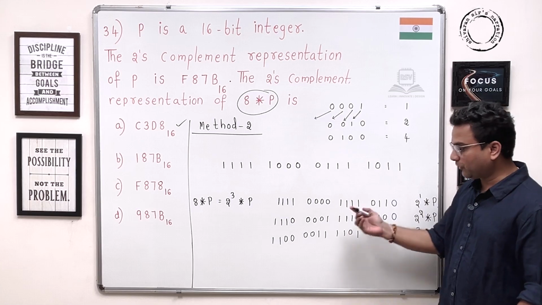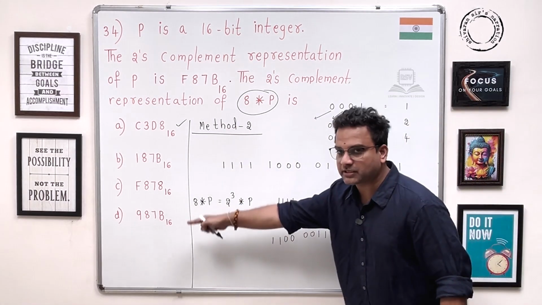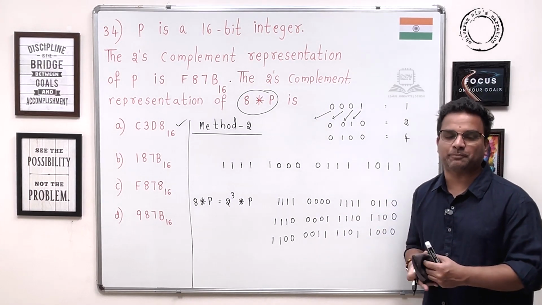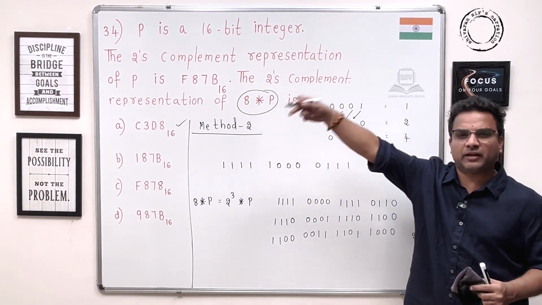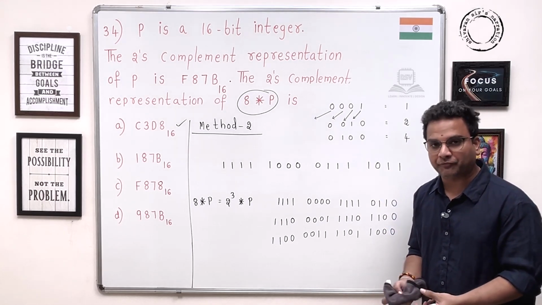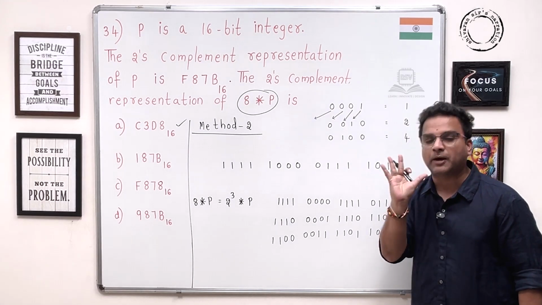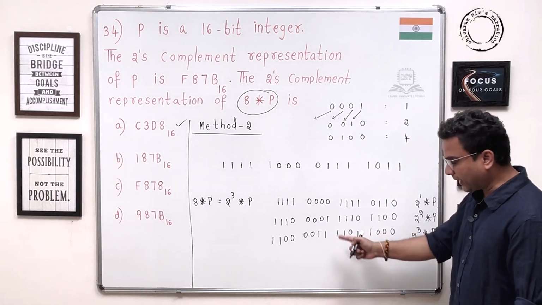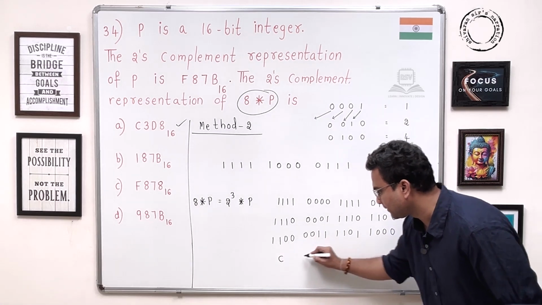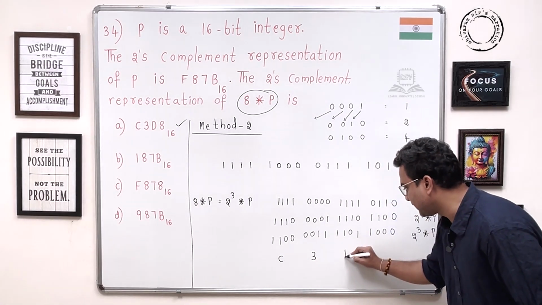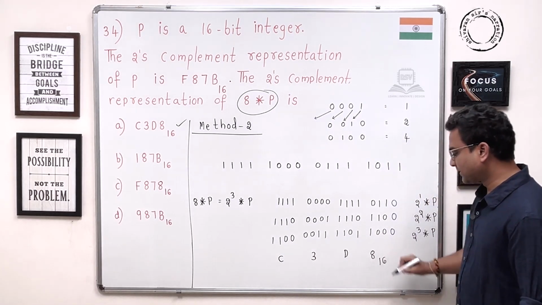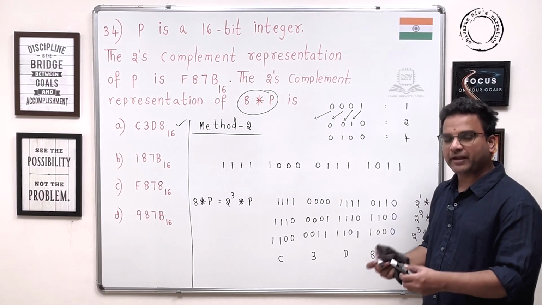Now if you convert into hexadecimal form, you will get the answer, because we didn't go away from the 2's complement to decimal again. No, we are still in 2's complement only. Of course, we have performed the shift left operation. Now, when you take it into hexadecimal form, 1100, you get C3D8 in hexadecimal. C3D8 option, base 16.